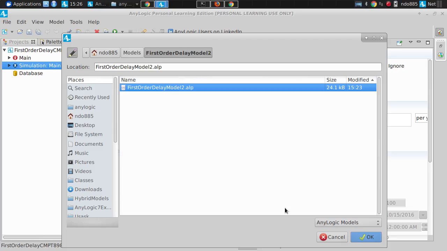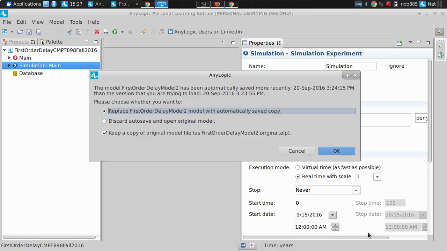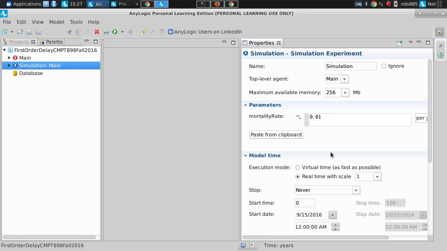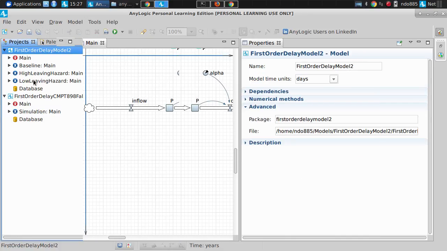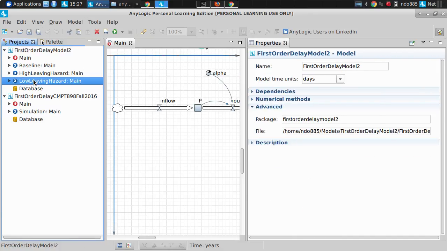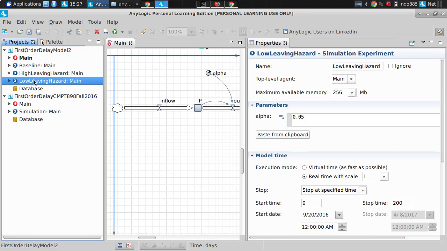First order delay model 2. Okay, I want to replace it with the automatically saved copy. AnyLogic actually does have auto saving, which is kind of nice. And here we go. And here's our low leaving hazard. Great. Okay, so, ladies and gentlemen, I fear modifying it though, because I think it's going to die again.